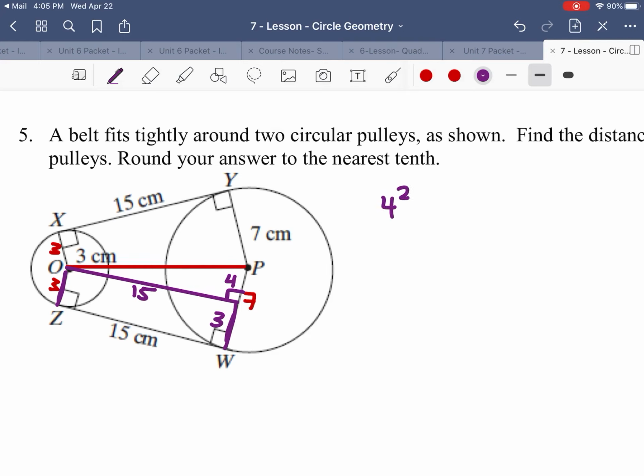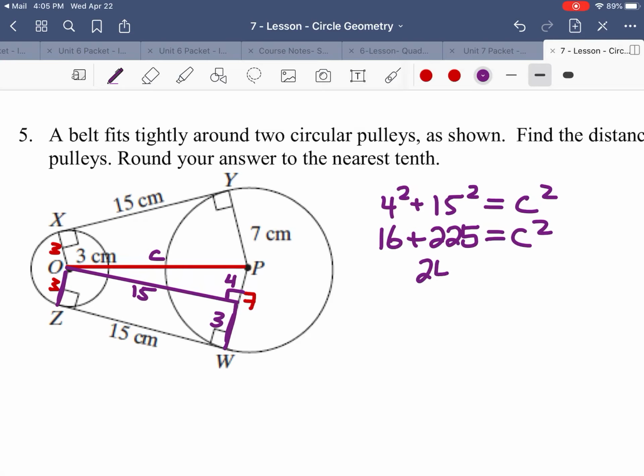And so now we have 2 sides of a right triangle. So 4 squared plus 15 squared is going to be equal to, we'll call that c squared. So 16, geez, where are you getting these numbers from? I just, in my mind, I saw an 8. That's my story, and I'm sticking to it. 16 plus 225, that's going to be 241.